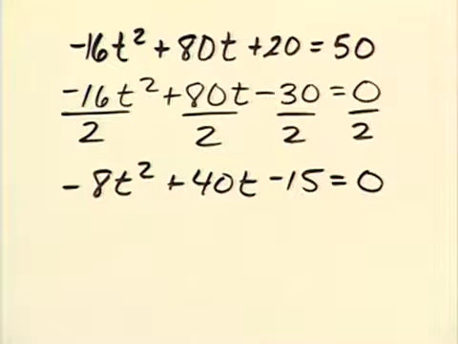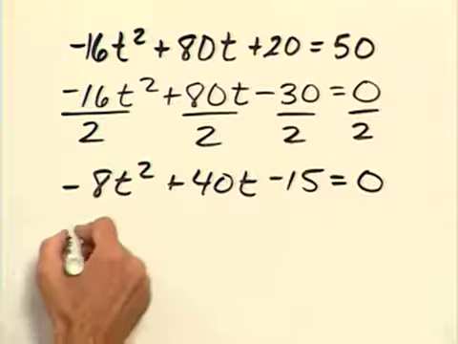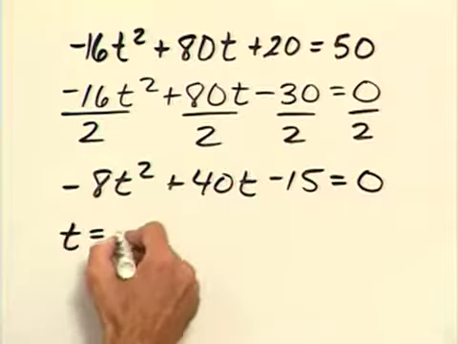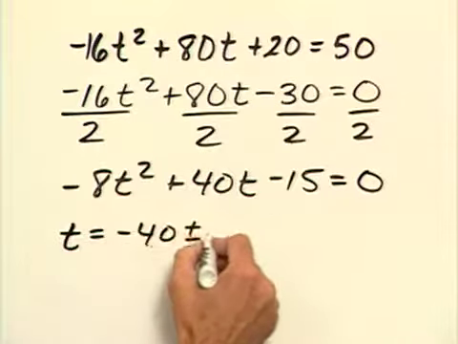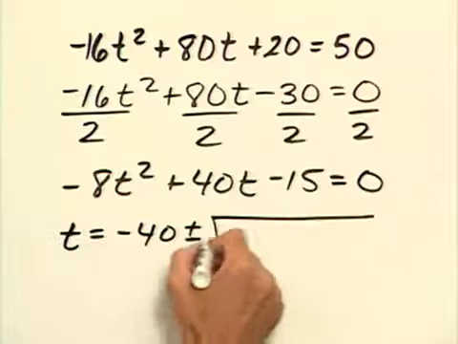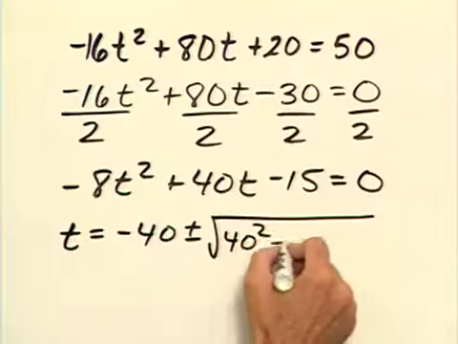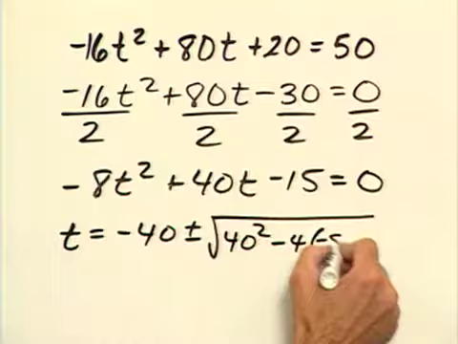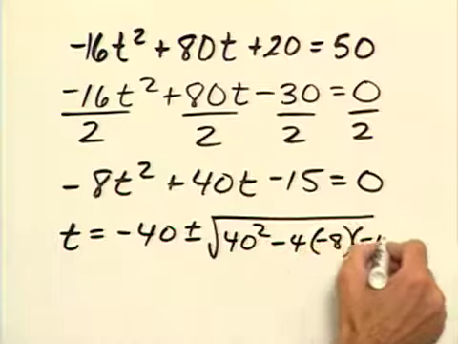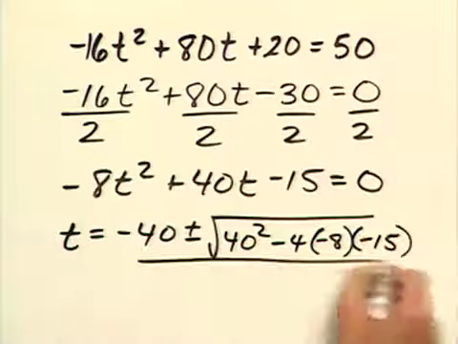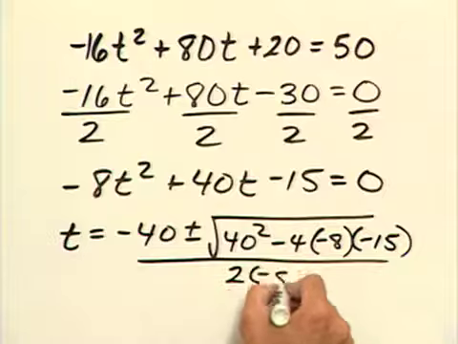Now, plugging these numbers into the quadratic formula, I get t is equal to negative 40 plus or minus the square root of 40 squared minus 4 times negative 8 times negative 15, all divided by 2 times negative 8.